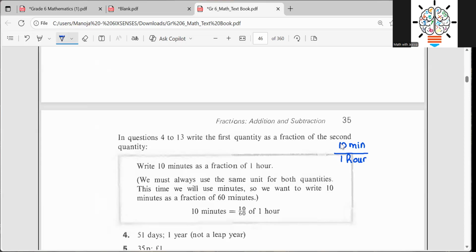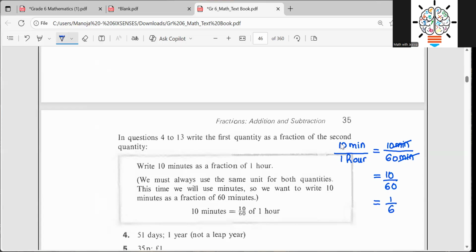So what is the best practice to do? You convert hours into minutes. 1 hour, we know, is equal to 60 minutes. Now both of them are in minutes. You can cancel the minutes and minutes. Now you have 10 over 60, right? So how do you simplify this? Then you write, that is 1 over 6.